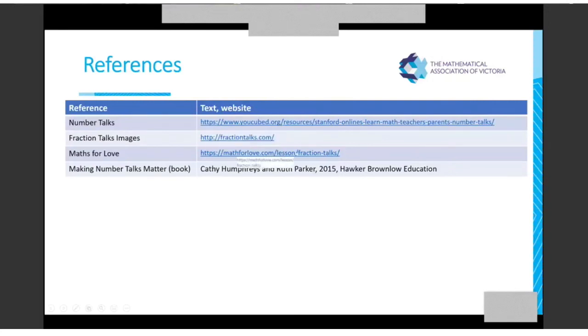We've got the paper that gives lots of tips and ideas, and our own MAV resource put together by one of our colleagues. Plenty of resources there. The Fraction Talks Images website is full of images that you can just take and run with. I would suggest starting your classes with a number talk to warm up the brains. It's like a warm up.